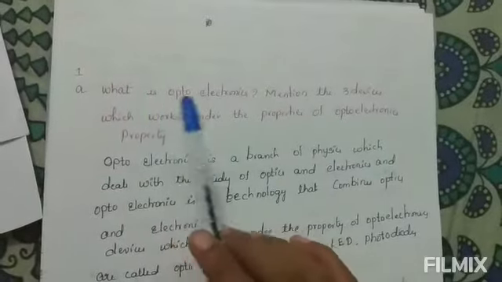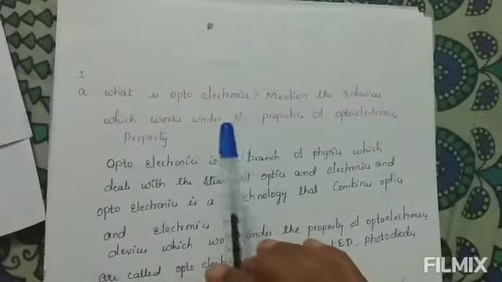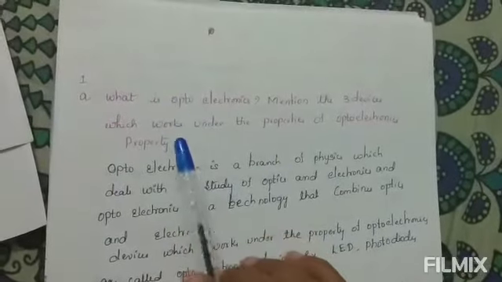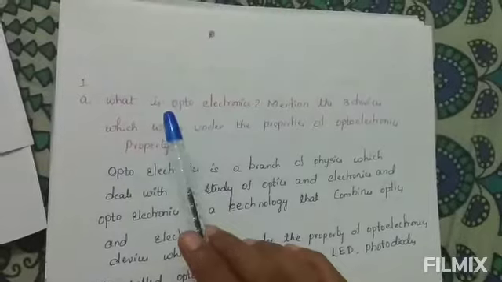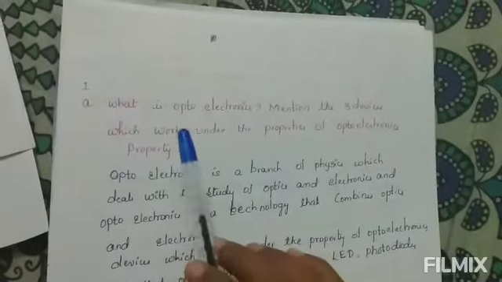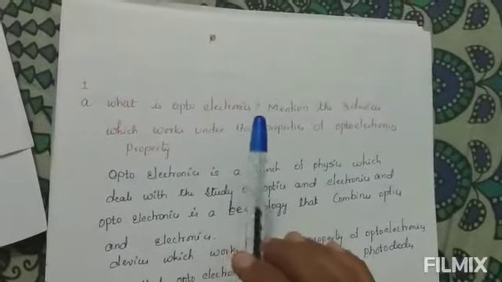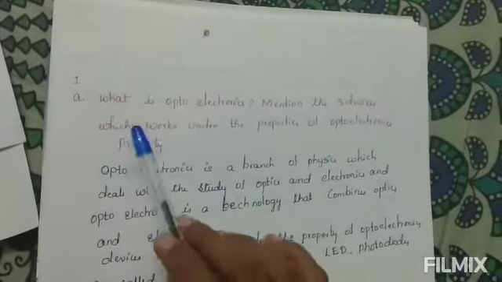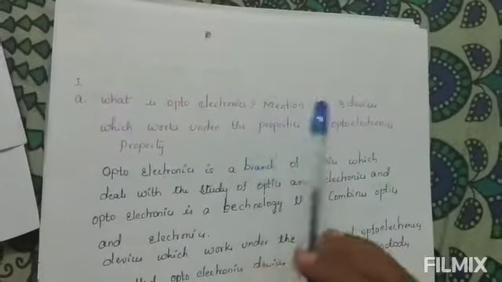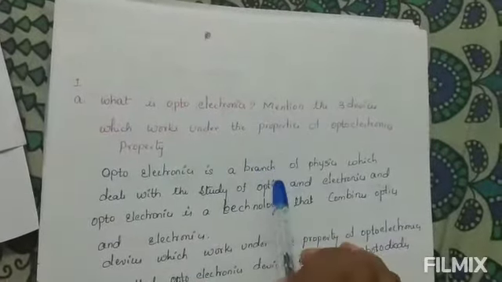Firstly, optoelectronics. Optoelectronics is the branch of physics which deals with the study of both optics and electronics. After the definition, you should answer the 3 devices which work under the properties of optoelectronics.